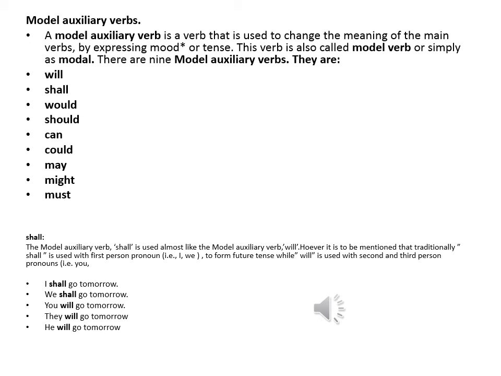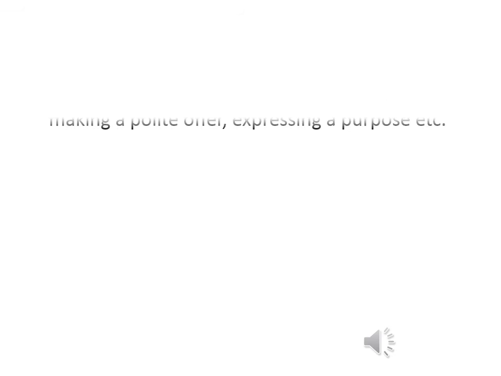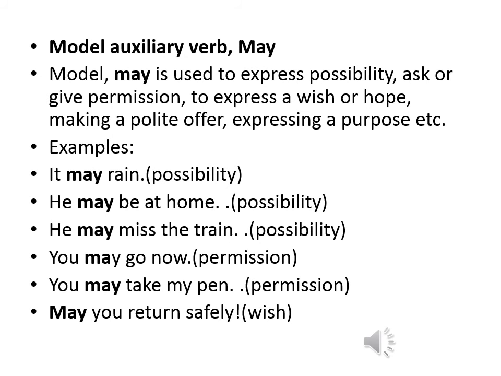We also use it with third person pronouns as well. Moving on, if we focus on the word may, which is a modal auxiliary verb, we use it in a more polite manner, to ask for permission or to express a wish or hope.